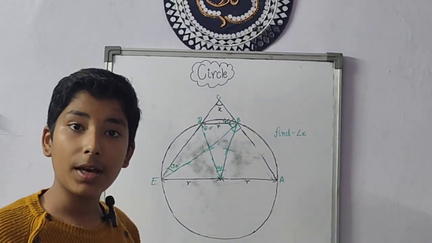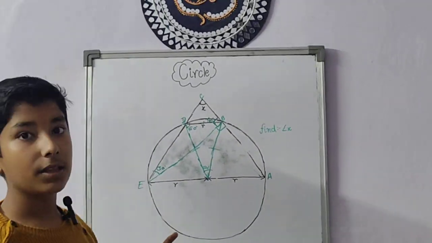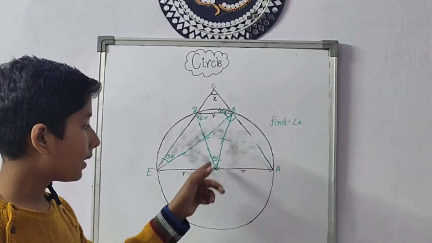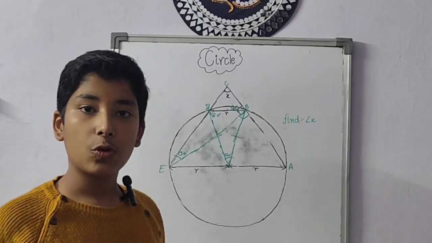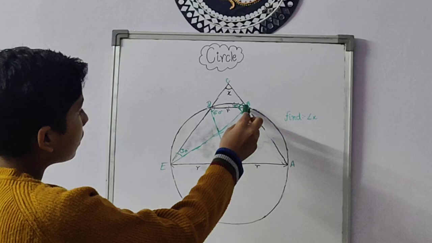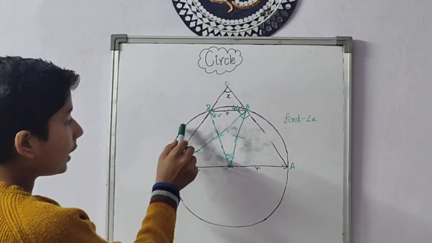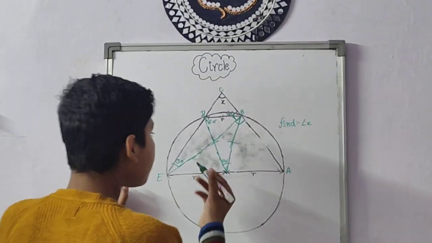The angle subtended by an arc at the center of the circle is double the angle subtended by the same arc in the other part of the circle. Like in the center it is 60, so 60 divided by 2, what is it? It is 30. So if this is 60, it's not important, it will touch only here. It can touch here also and here also. Okay, so it will be 30 degree.